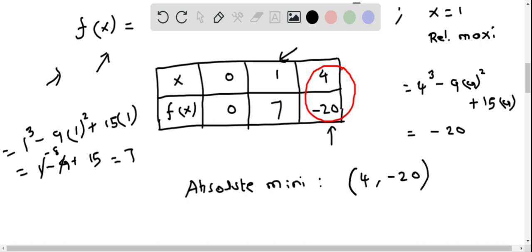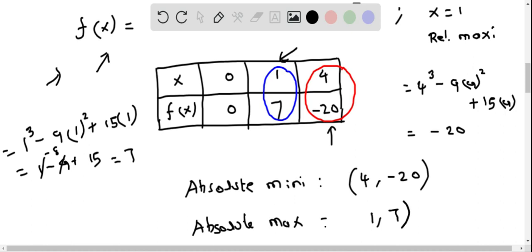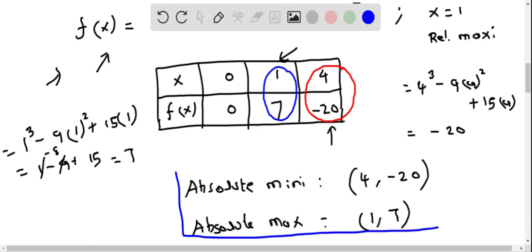And if you look at this table, 7 is the maximum value. So we take this point, 1 comma 7, as the absolute maximum of the given function within the interval 0 comma 4. So we write down absolute maximum point equals 1 comma 7. So these are the absolute maximum and absolute minimum points of this function.